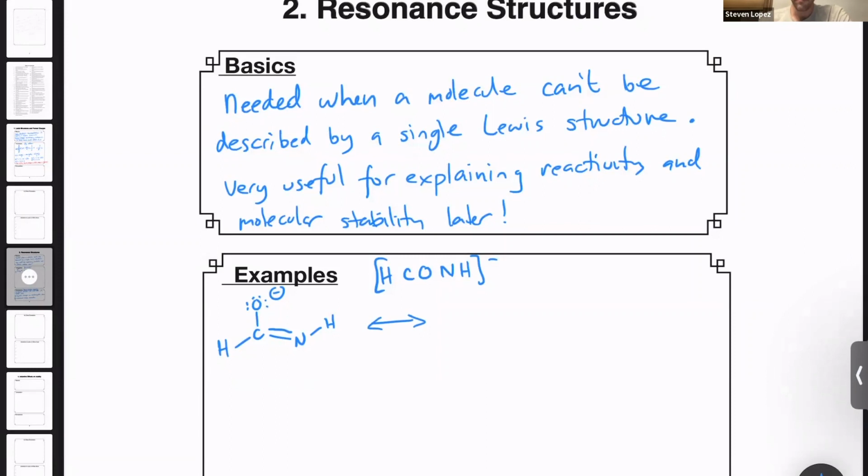While this is a perfectly valid Lewis structure, all of the atoms have full octets. There's another arrangement of electrons that can be drawn.